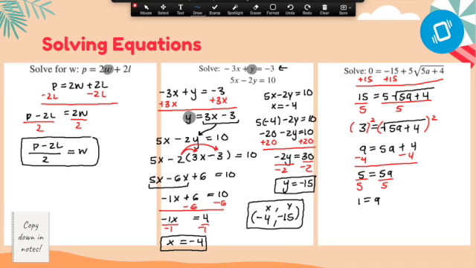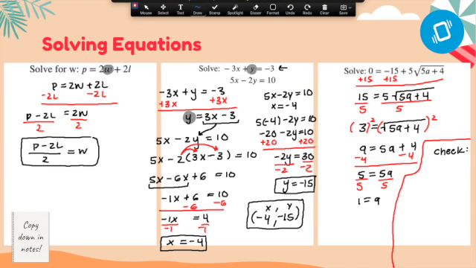And so from there, I just want to see if this is the correct answer. So I need to check it. So to check it, let me put it here. Check. And then I'll put a line here so that it shows this is completely different from our answer.